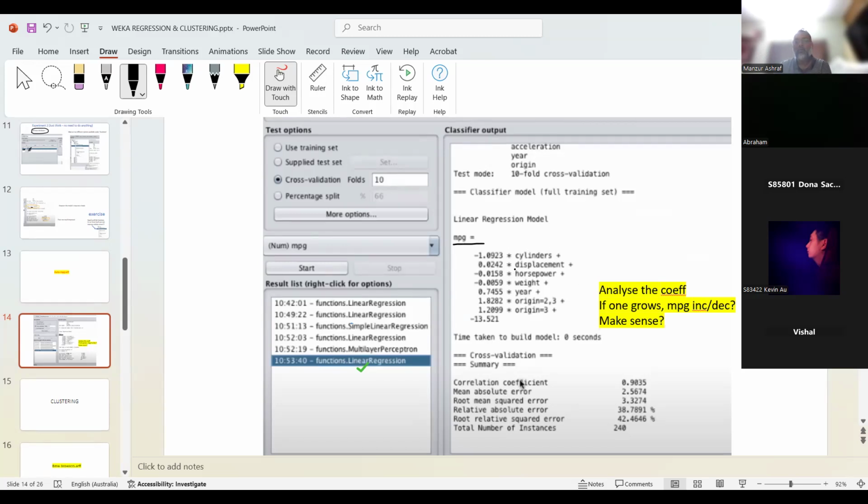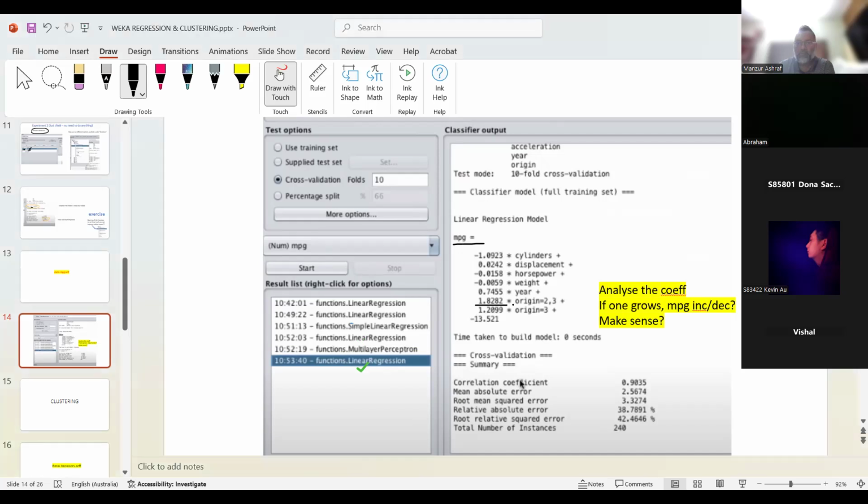Now, which one has the highest coefficient to calculate the MPG? Can you tell me which one? From this equation, which one is the highest coefficient? It's a very small number, right? So origin 1, 2, 3, excellent.